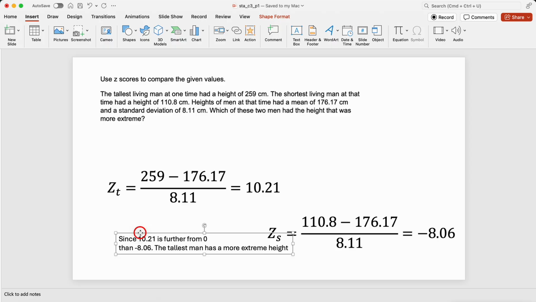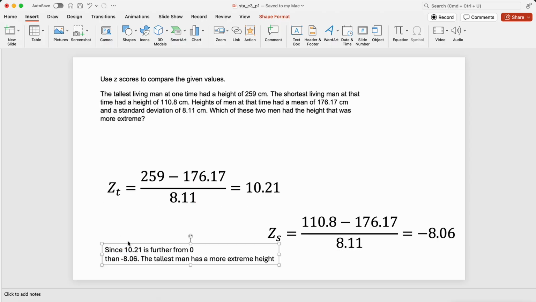It's not more extreme because he's taller, right? Don't get those confused that more means more than or greater than. In this case, it's the absolute value that we're talking about. Both are extreme. Both are significantly far away from the mean, the norm.